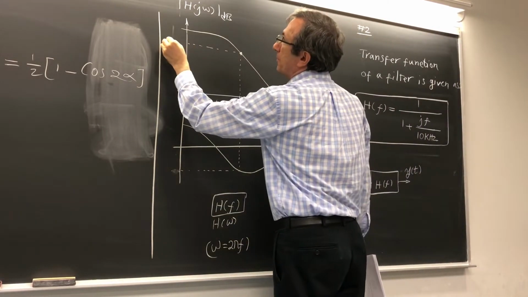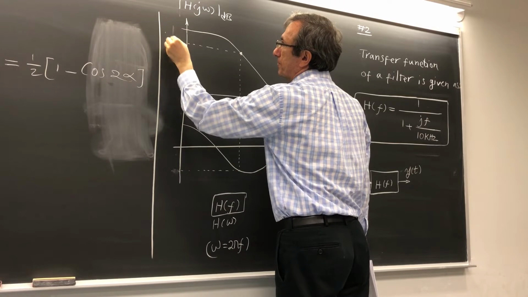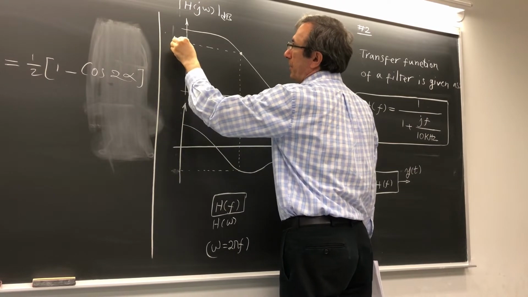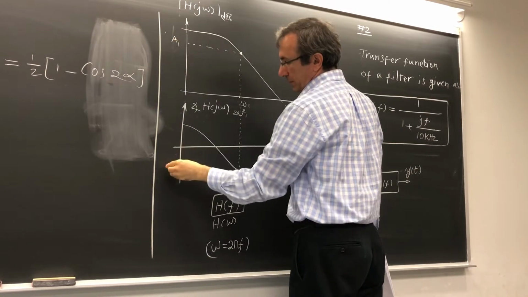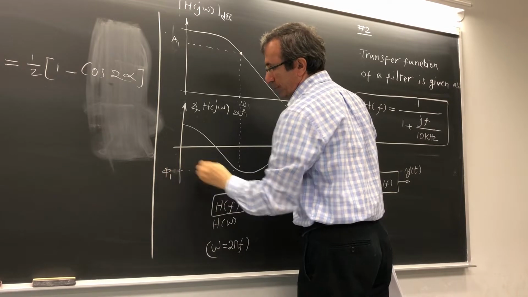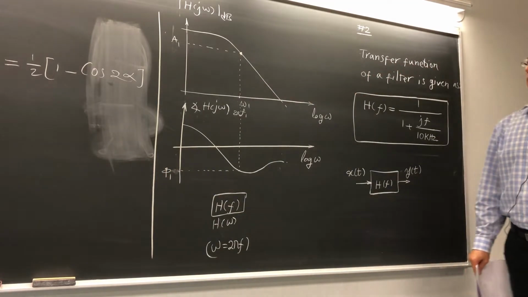So let's name them, for instance, A1 and phi 1.